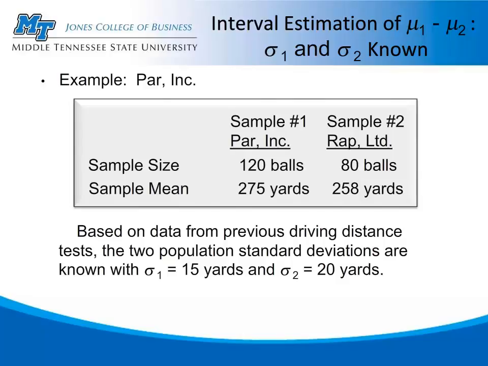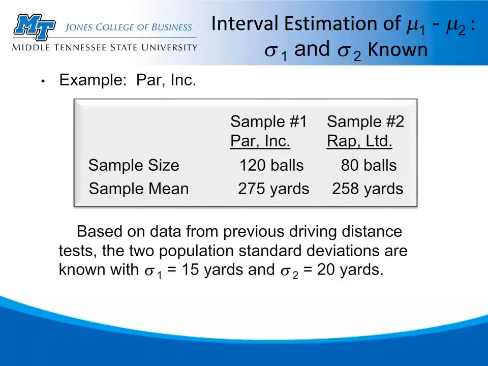There were 120 balls in the par sample, and the mean driving distance was 275 yards. In the wrap group, there were 80 in the sample, and the average for the sample was 258 yards. Now, they're giving us the population information.